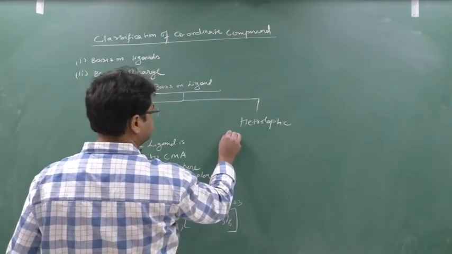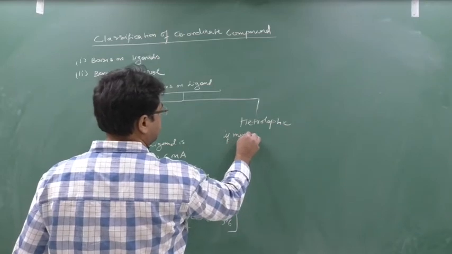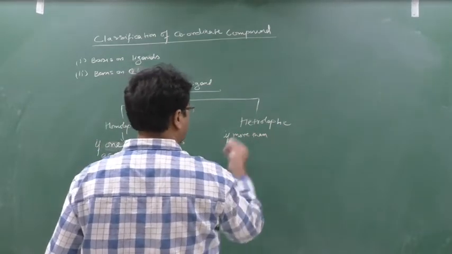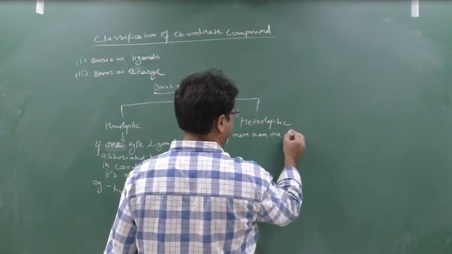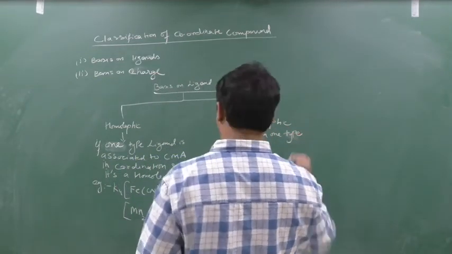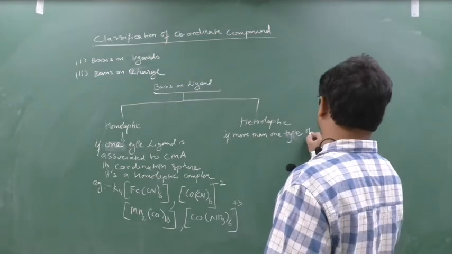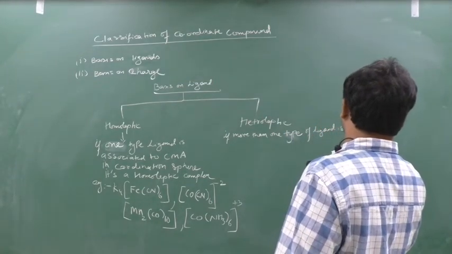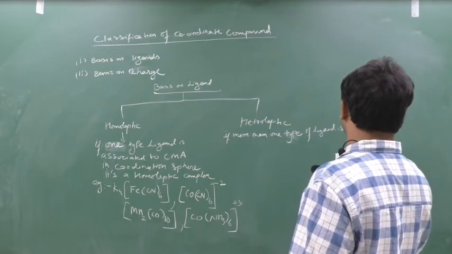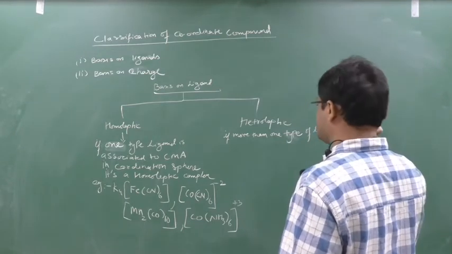If more than one type, or I can write different type, not one and the same, beta. If more than one type of ligand is associated, spelling mistakes can occur, beta.